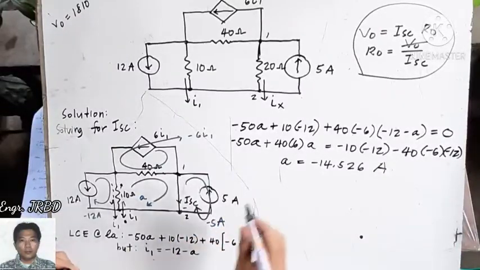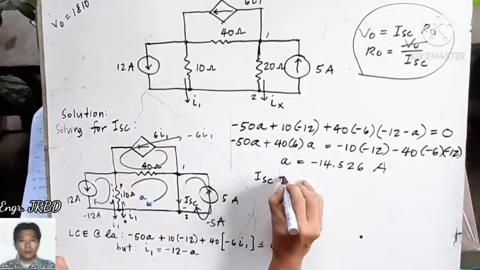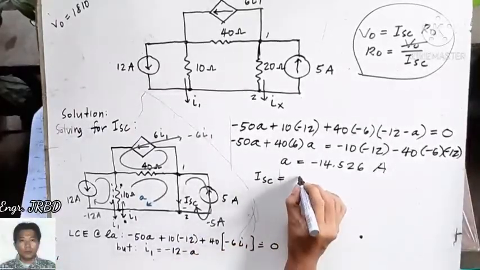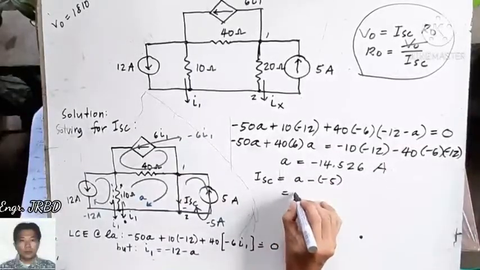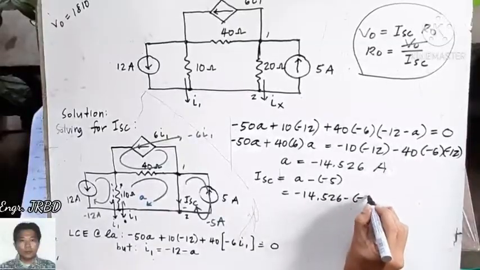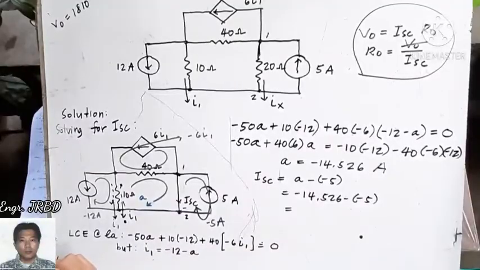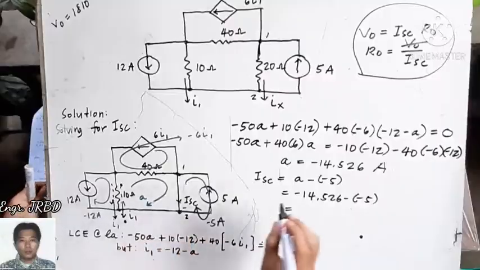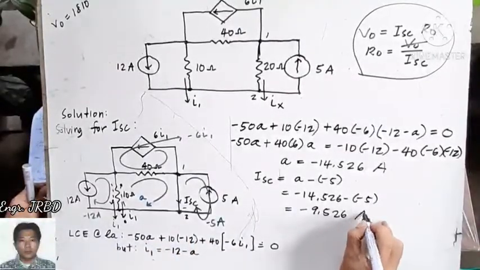So, what is now your short circuit current? Short circuit current is the difference between A and negative 5. That is negative 14.526 minus negative 5. Short circuit current is negative 9.526 amperes.